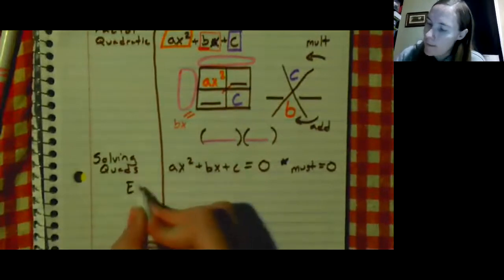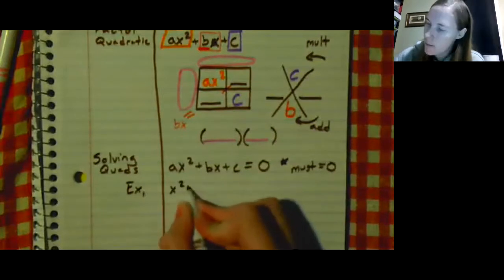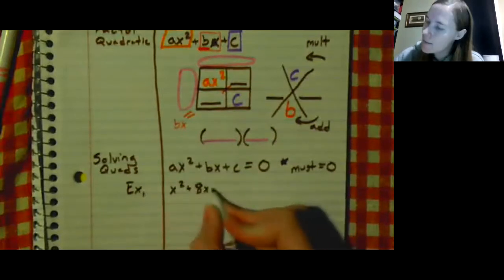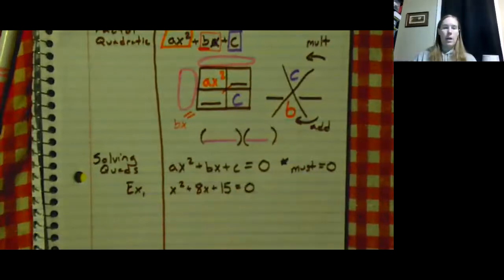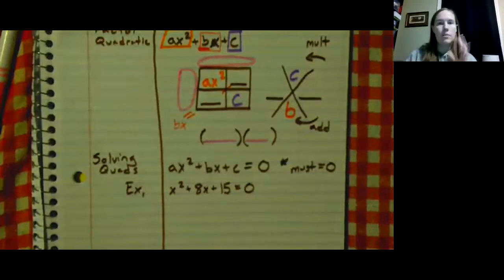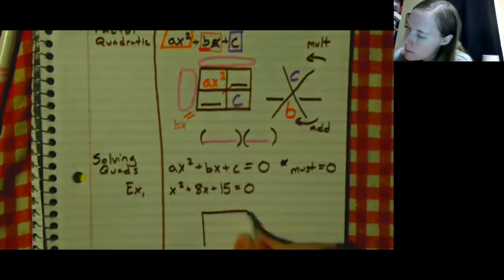So example 1, say we had x squared plus 8x plus 15 equals 0. All right, I'm going to use my X factor and my box. So I'm going to draw my box over here.